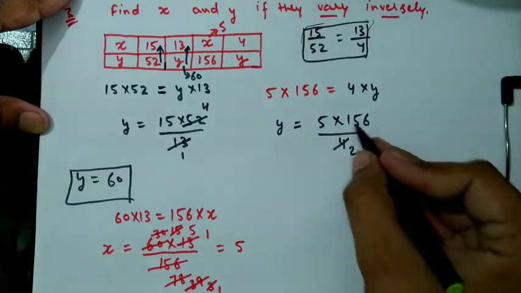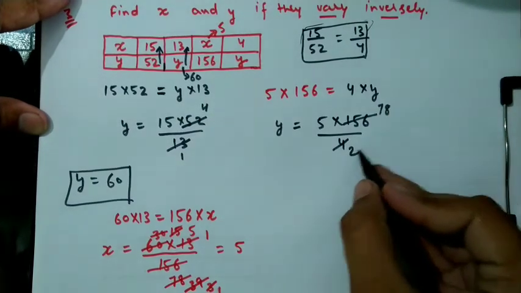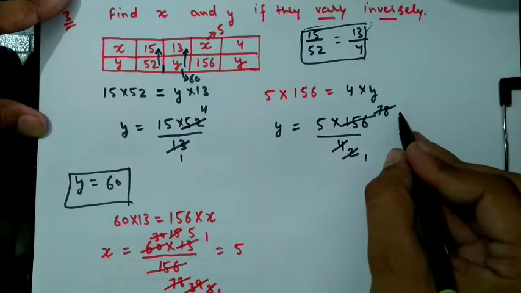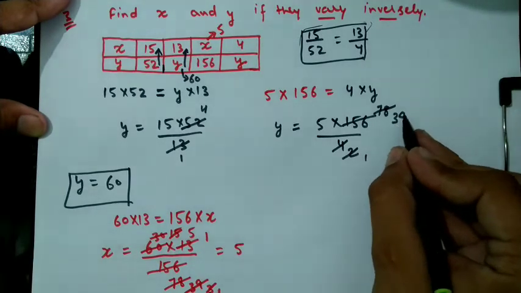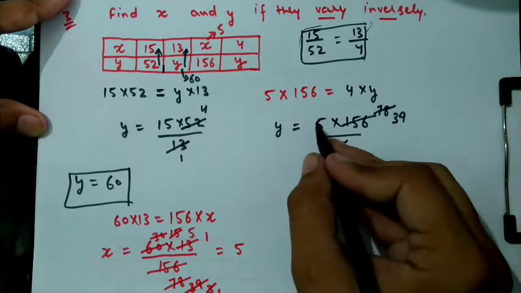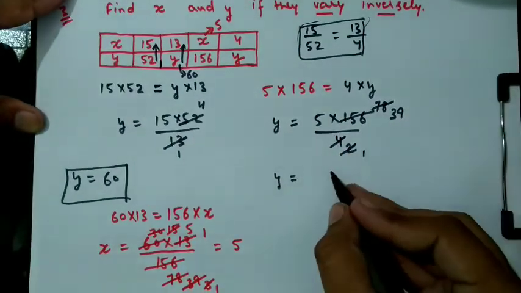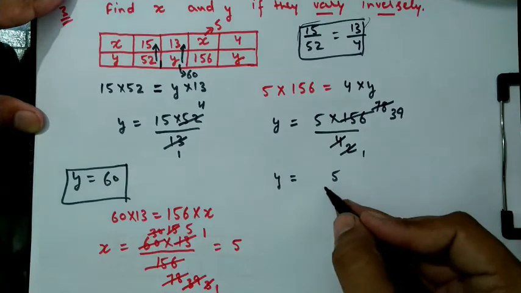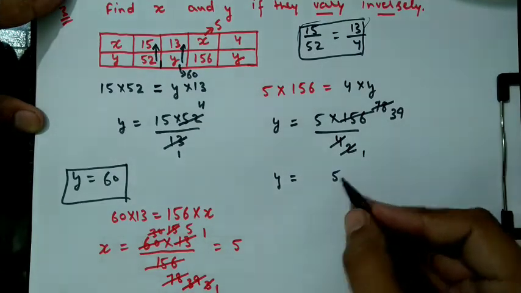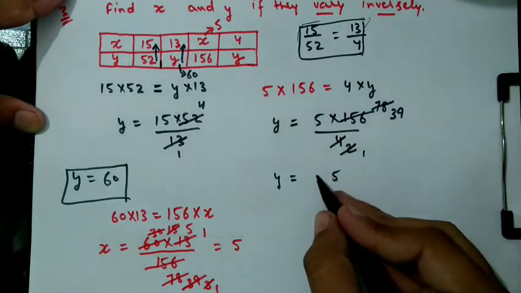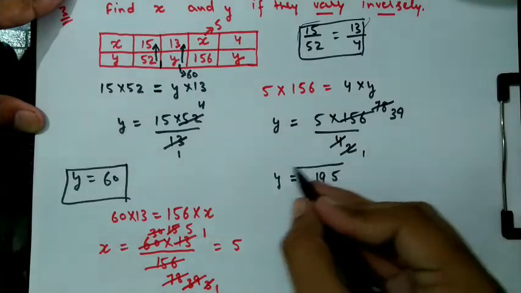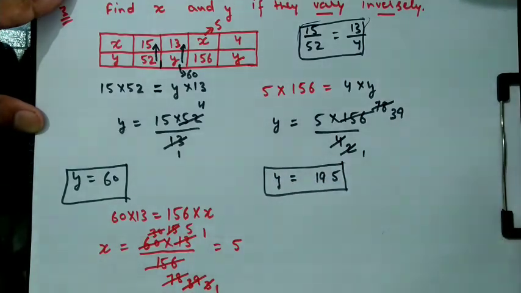So here will be 2, here will be 78 again. 2 ones are 2, 2 threes are 6, 2 nines are 18. So 39 when you multiply by 5, what will you get? 9 fives are 45, and 5 threes are 15 plus 4 is 19. So the y value you will get is 195.